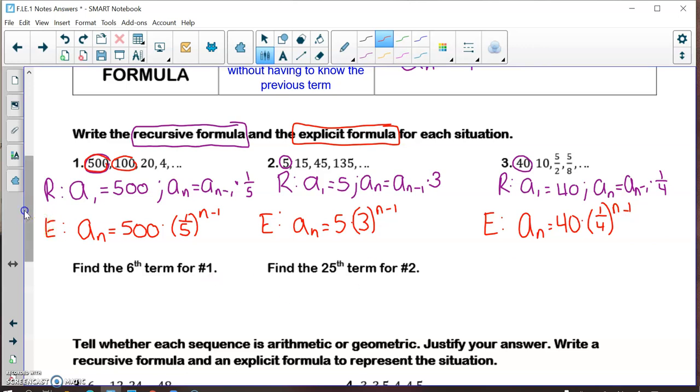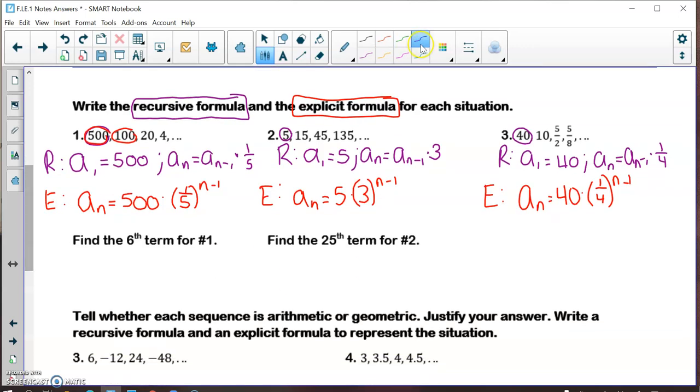Now, in the next question, it says we want to find the 6th term of our sequence for number 1. This is going to be easy because we're going to use the recursive formula. We're just going to continue this pattern, which is multiplying by 1/5 or dividing by 5, which is the same thing.